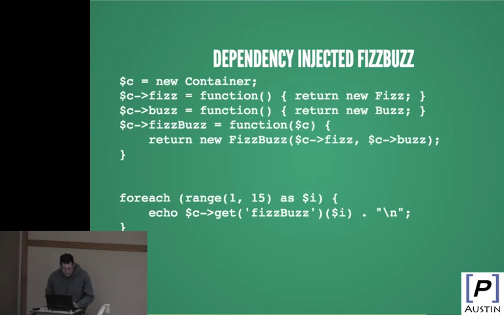So now we go ahead and build the container. We inject our dependencies, say, hey, set fizz to this, set buzz to this. Tell it, all right, when we have a FizzBuzz instance, it needs these two dependencies, so pull them back out of the container and instantiate the class and return it.